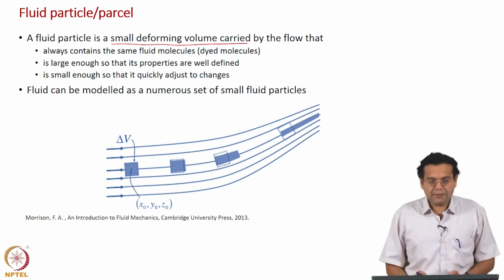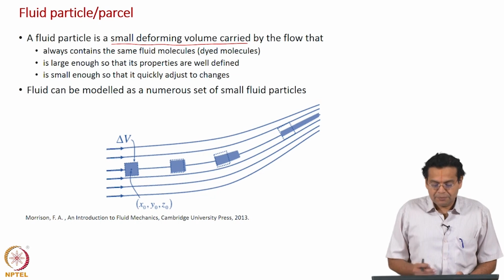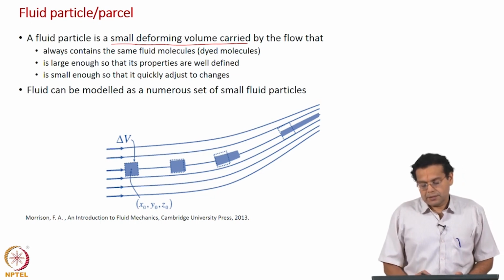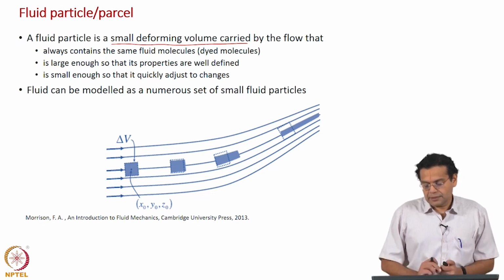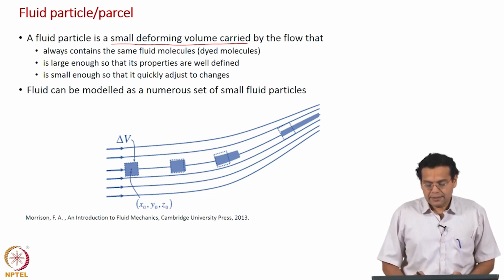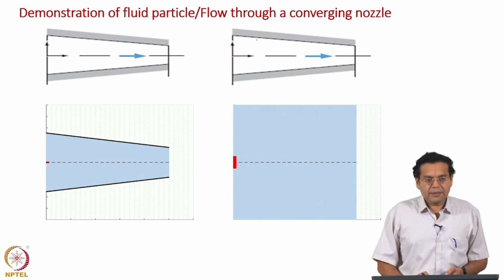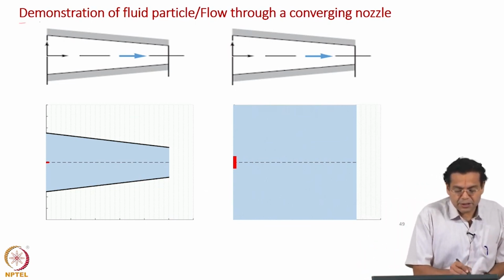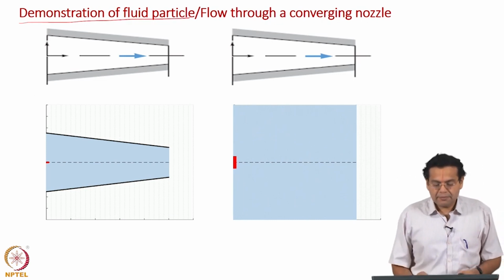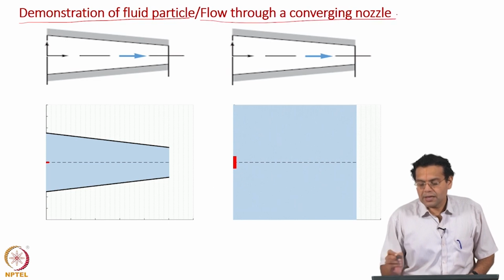Then we took this example and showed that the fluid particle should represent whatever is happening to the flow field, and that along the flow field the particle elongates, becomes smaller in the other direction, etc. We also showed this animation, earlier titled demonstration of fluid particle. The same example I now call flow through a converging nozzle.